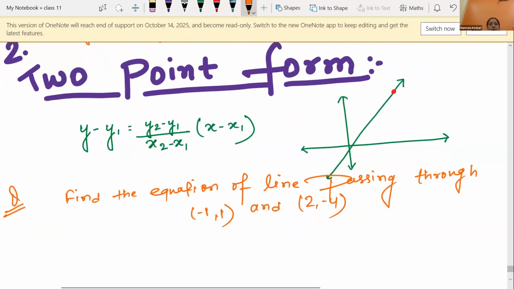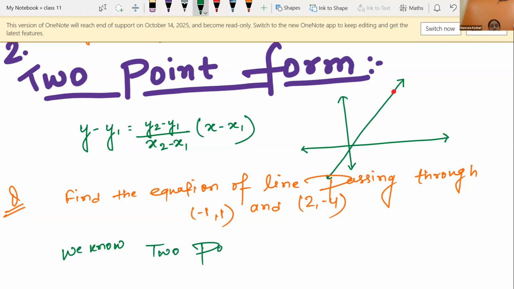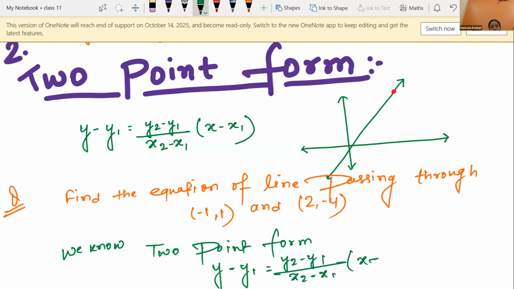The formula, we know, is the two-point form: y minus y1 is equal to (y2 minus y1) by (x2 minus x1), in bracket x minus x1.